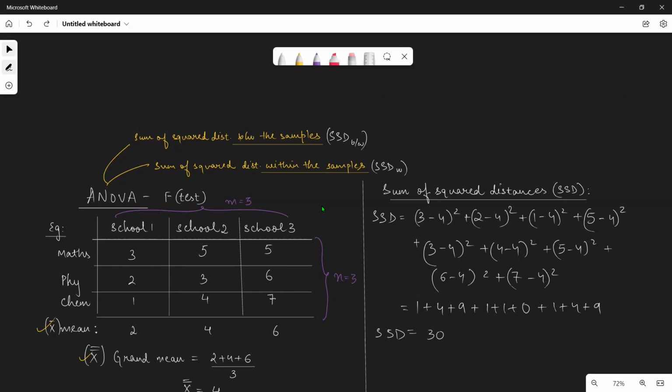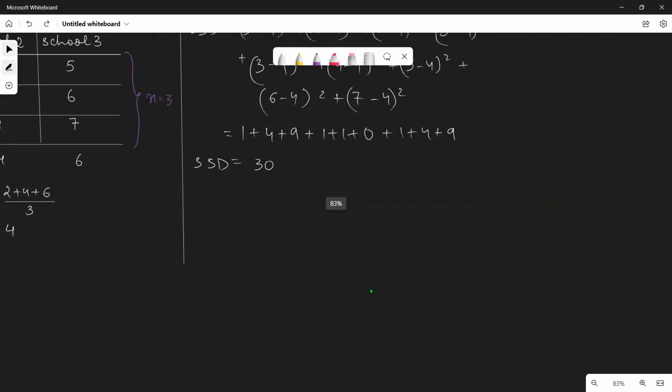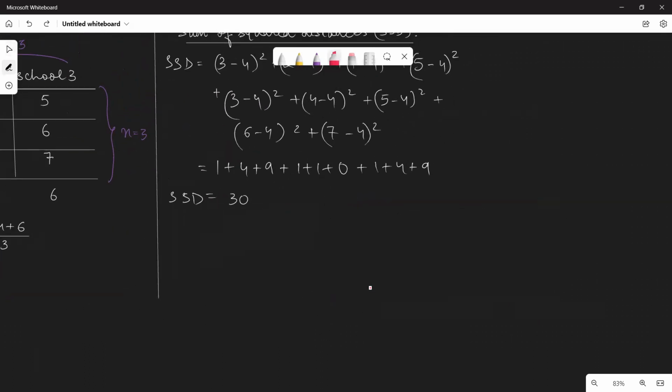This is a general value of sum of square distance; we have not done between or within. So one more thing we have to compute, and that is called degree of freedom. Yesterday also we talked about that. Today also we shall be talking about degree of freedom in the general case.